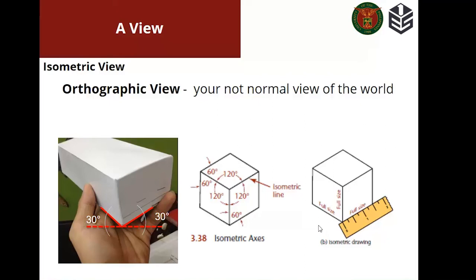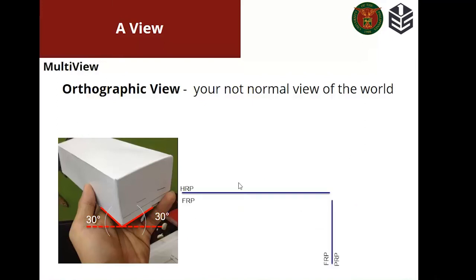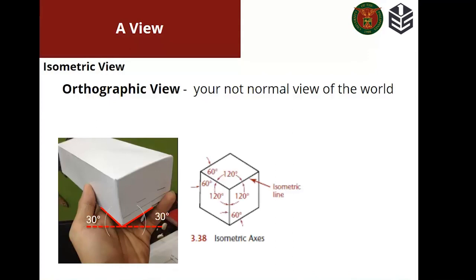Everything parallel with the isometric lines, these lines, should be in full size. For example, if this is 3 centimeters, this should also be 3 centimeters. 3 centimeters din to. Kapag gumagawa tayo ng cube, 3 centimeters din to. Ito rin. Okay?